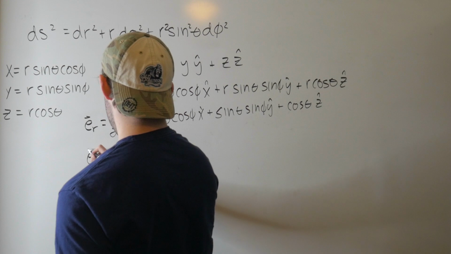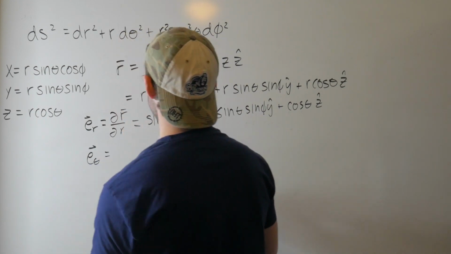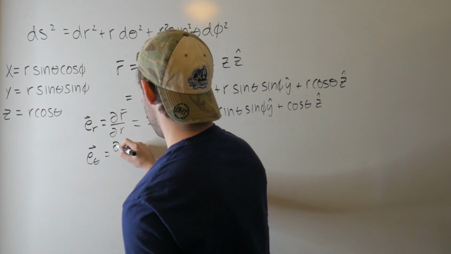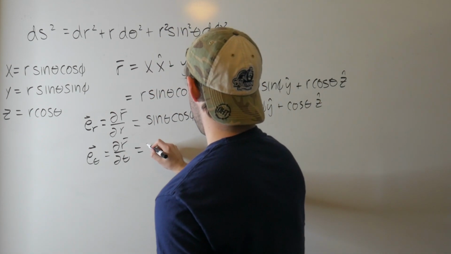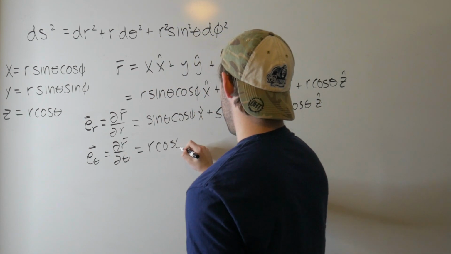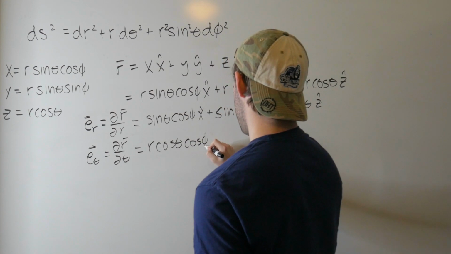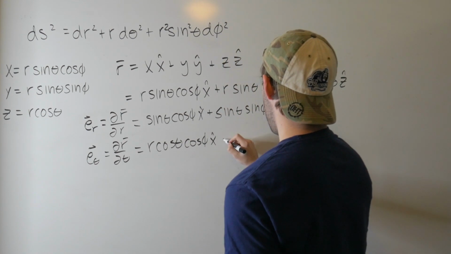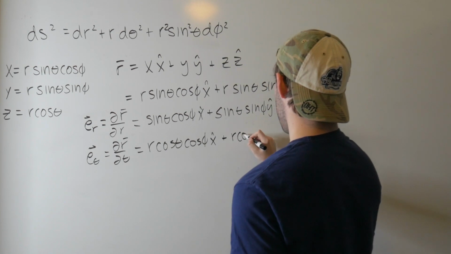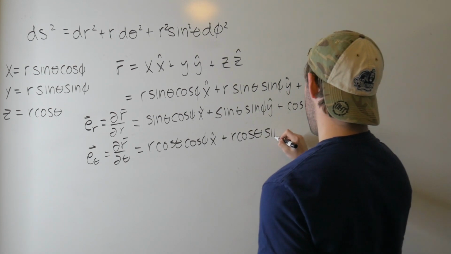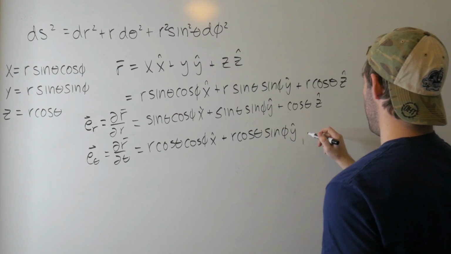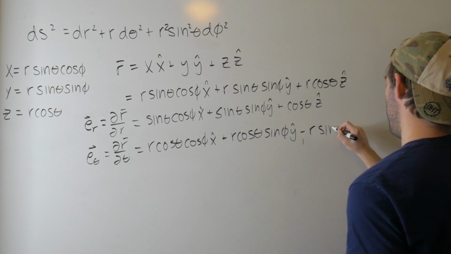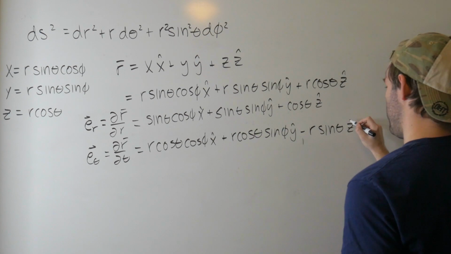E sub theta is equal to, now we'll just do dr d theta, which is equal to r cosine theta cosine phi x hat plus r cosine theta sine phi y hat minus r sine theta z hat.